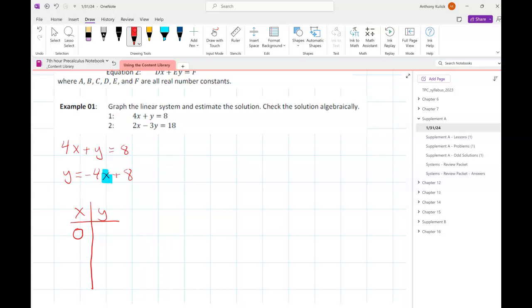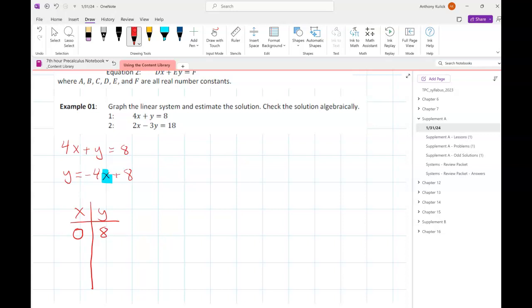If I plug 0 in for x, what does y have to be? 0 plus 8, which is just 8.